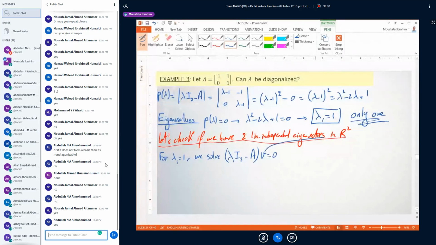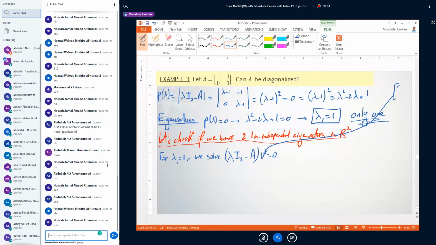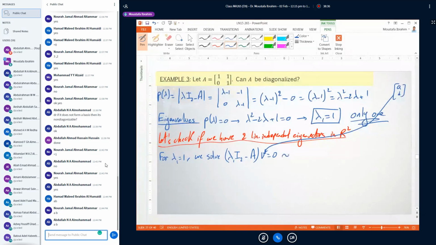And this V here, it's equal to AB or ABC? Very good, AB. Now, let's move to the augmented matrix. Instead of lambda, put 1, so we get 0, negative 1, 0, 0, and here 0, 0. R1 divided by minus 1. Very good, guys. 0, 1, and all zeros.